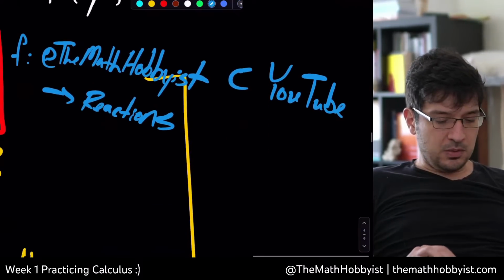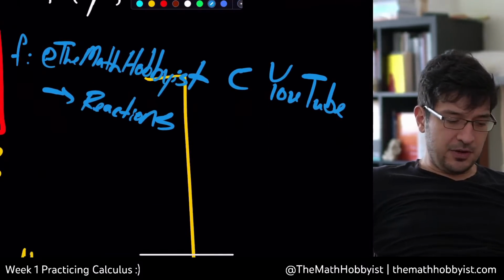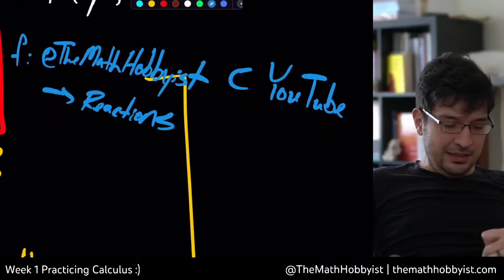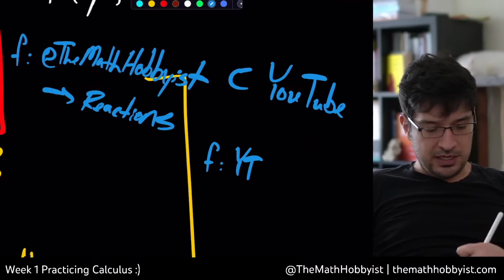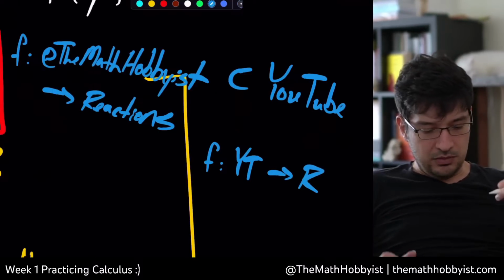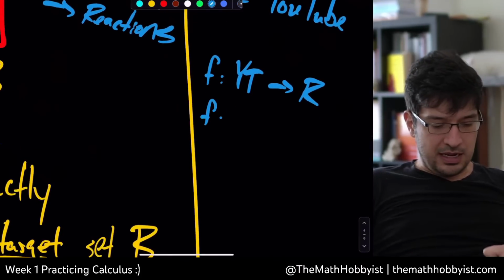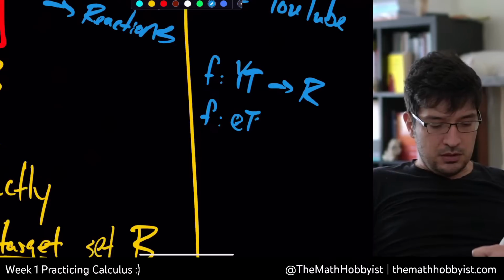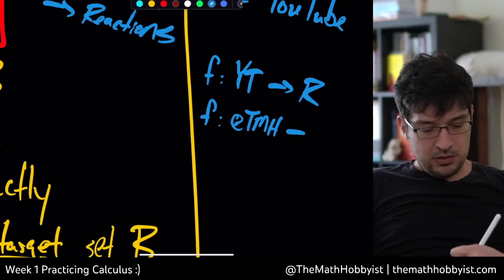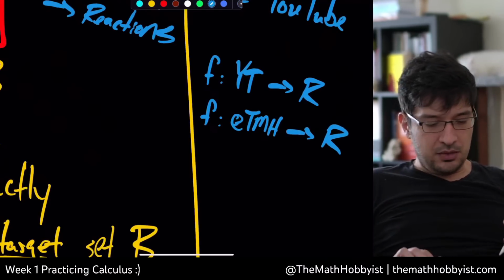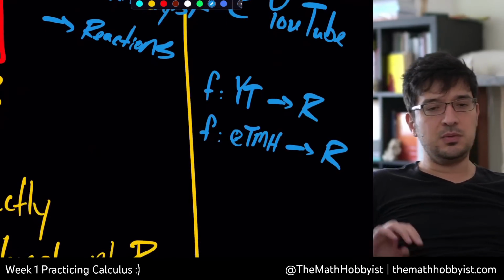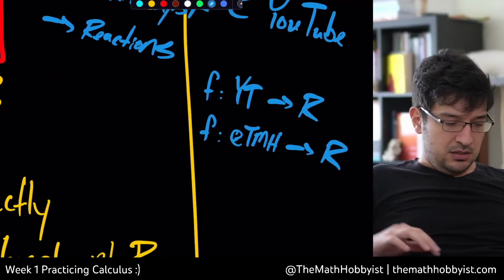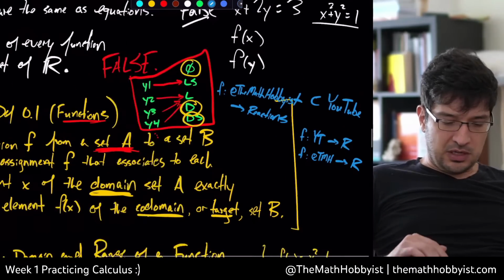And so we're restricting the function. We can either think of it as from all YouTube videos to reactions, or as the restriction to the Math Hobbyist to reactions. And we could analyze which of these are one-to-one, which are onto, which are defined, which are functions, which aren't, etc.